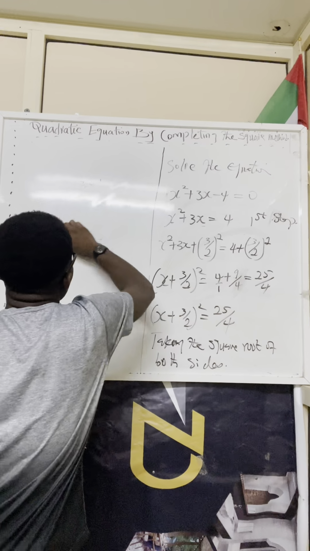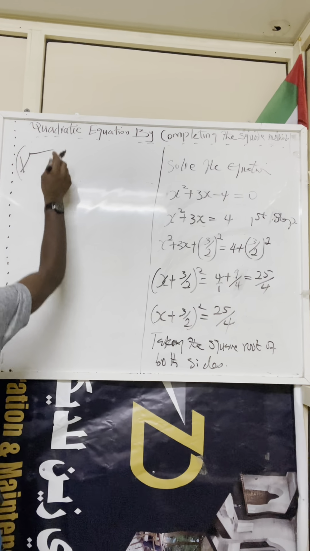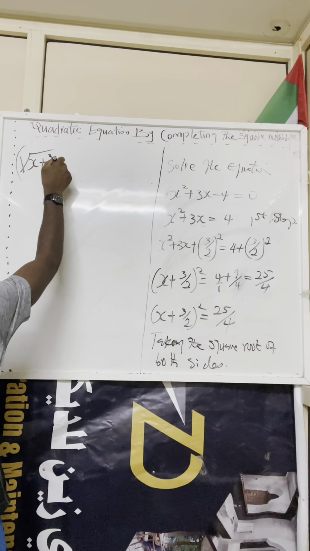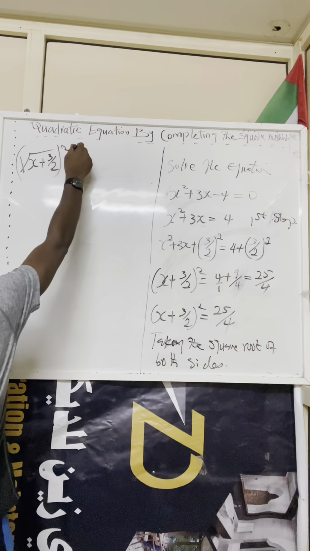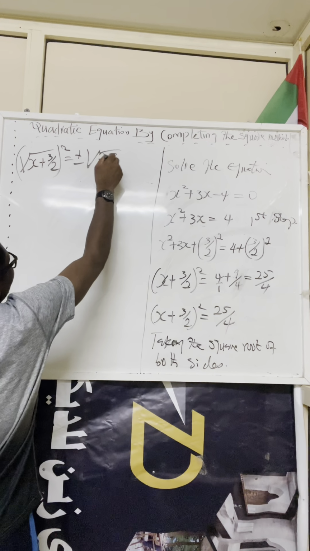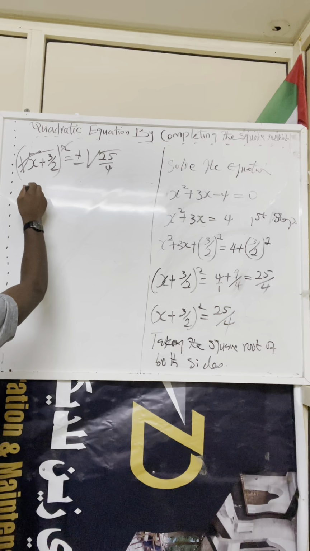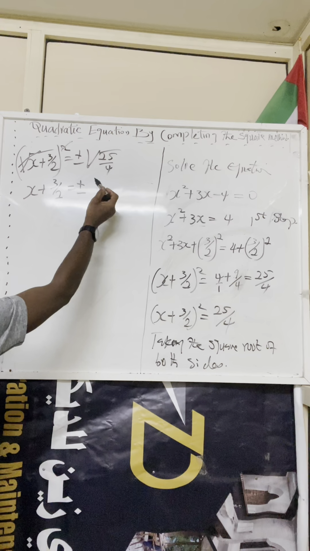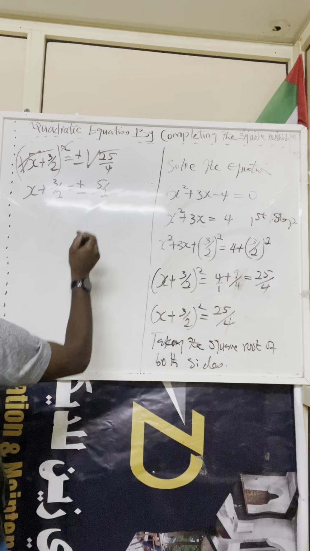Now you have the square root of (x + 3/2)² equals plus or minus the square root of 25 over 4. The square root cancels the square, giving me x plus 3 over 2 equals plus or minus. The square root of 25 is 5 and the square root of 4 is 2.